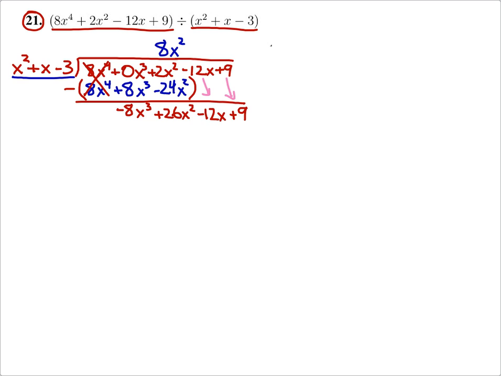We need the thing that multiplies by x squared to get our new leading term, which is negative 8x to the third. The answer to accomplishing that is negative 8x, because when negative 8x multiplies by the entire divisor, we get negative 8x to the third minus 8x squared plus 24x.